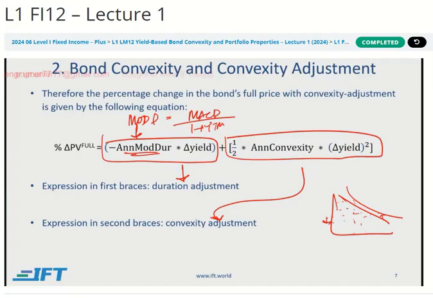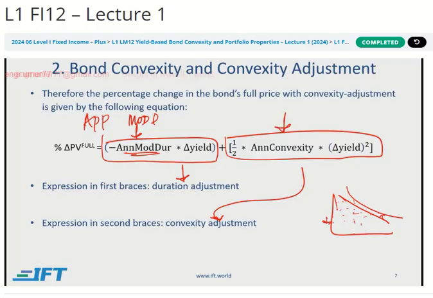So we looked at another way of calculating mod D, and that was your approximate modified duration, calculated based on the PV minus and the PV plus, where we were taking the price of the bond when interest rates were going down and the price of the bond when the interest rates were going up, and based on that we were calculating your approximate modified duration using the formula.